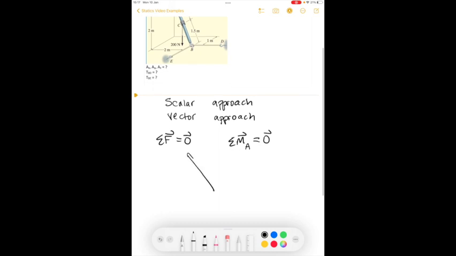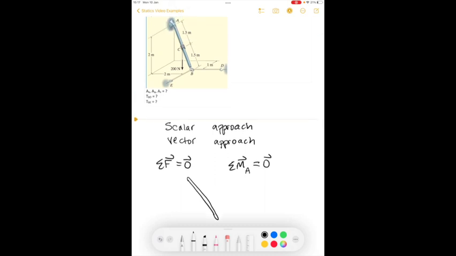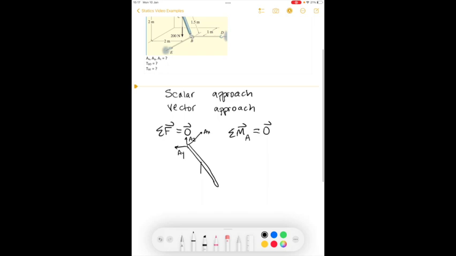So let's start by drawing this rod, which we see has a ball and socket joint. So I guess that the forces AZ, AX, and AY will act in this direction.